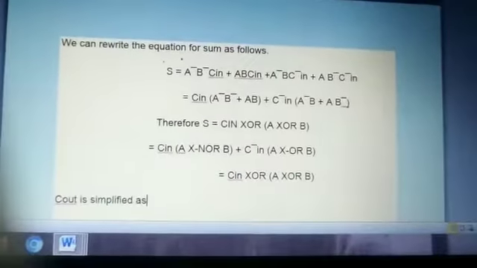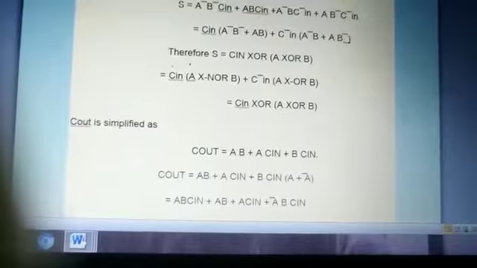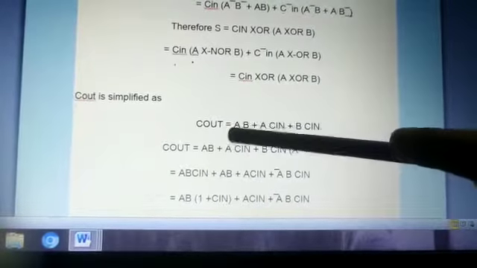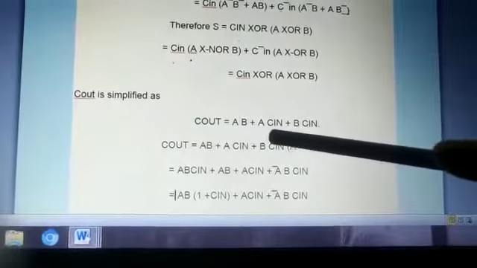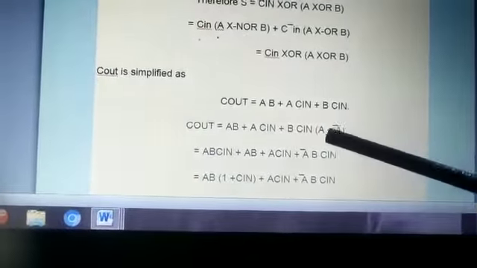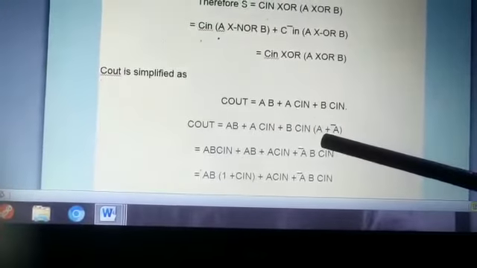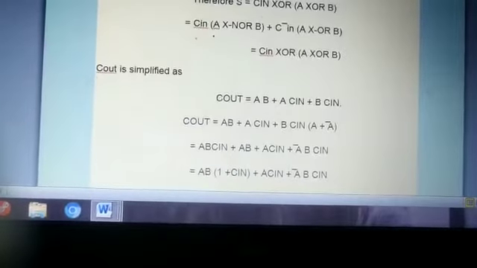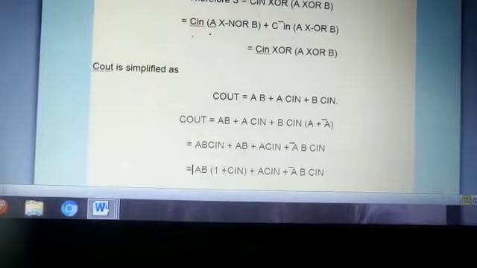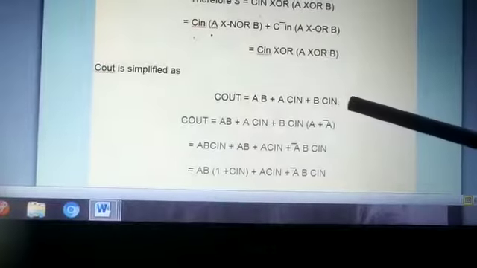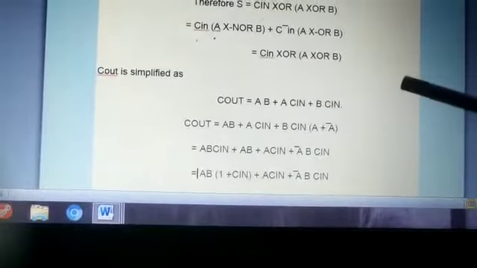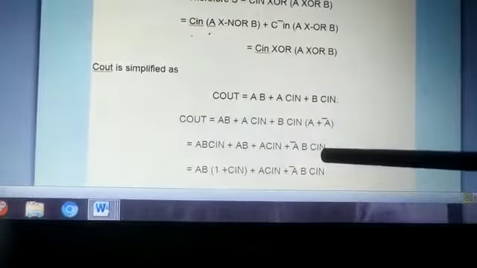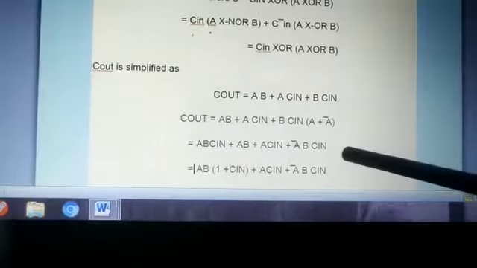Now how do we calculate the C out expression? See, this is the full adder C out expression, AB plus A C in plus B C in. Here I am adding the term A plus A bar to B C in. A plus A bar means 1, and A into 1 is A, so B C in times (A plus A bar) is the same as B C in. That is why we have done the multiplication here.